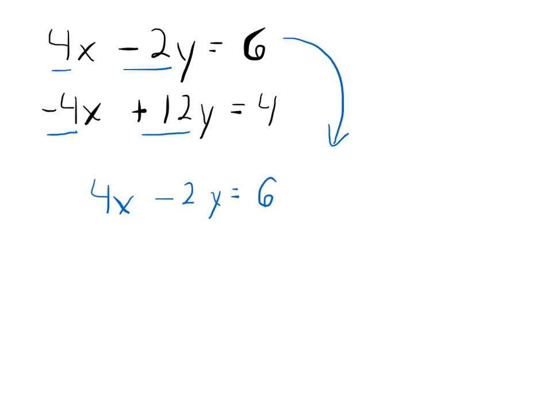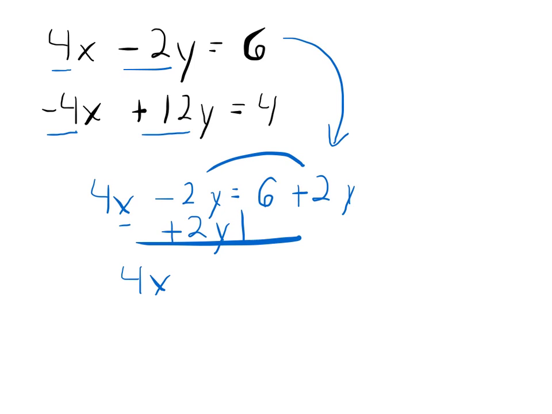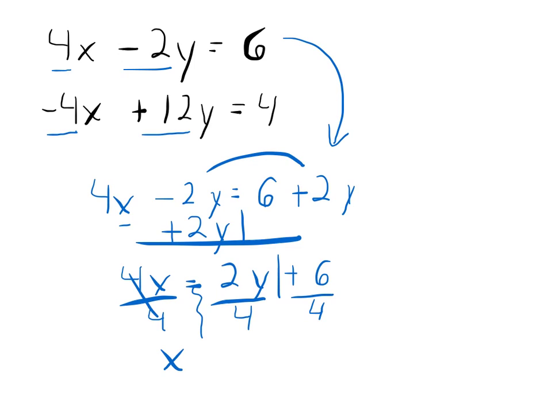If I want to solve for x, first thing I would do is move this 2y to the other side, so plus 2y, and then rewrite 4x is equal to, I'm going to switch the order, 2y plus 6, and then I would have to divide each of these terms by 4. So I'm left with x is equal to 1/2 y plus 3 over 2.